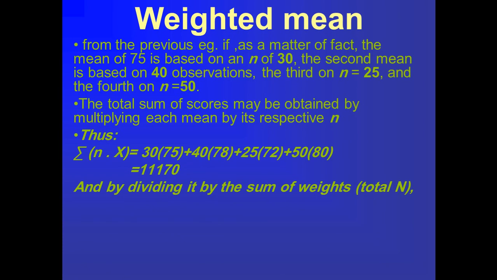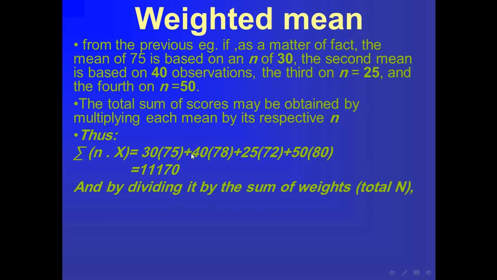So the total sum of scores may be obtained by multiplying each mean by its respective n. So we have the summation of n multiplied by the mean: for the first class, class A, there are 30 students and the mean was 75, so we multiply, and it is a summation of these classes together.